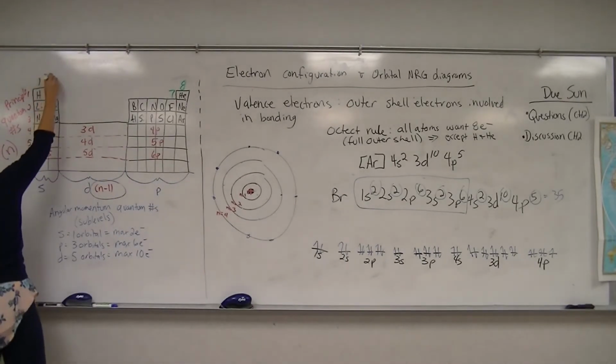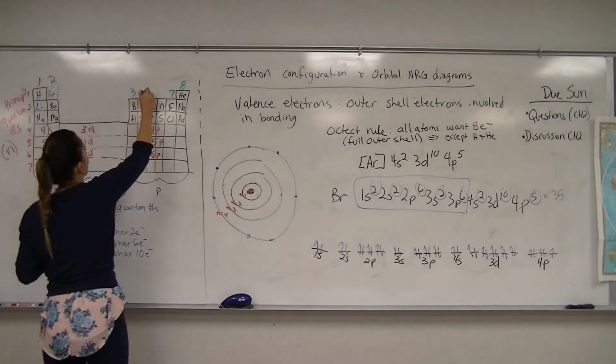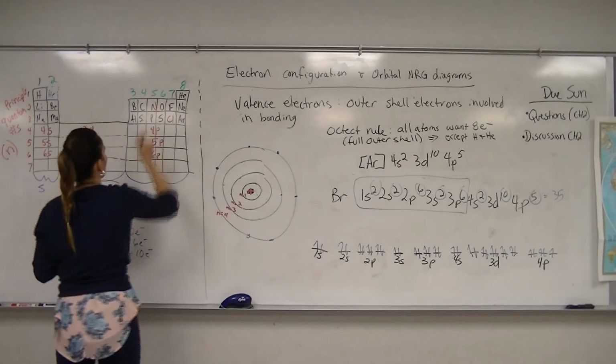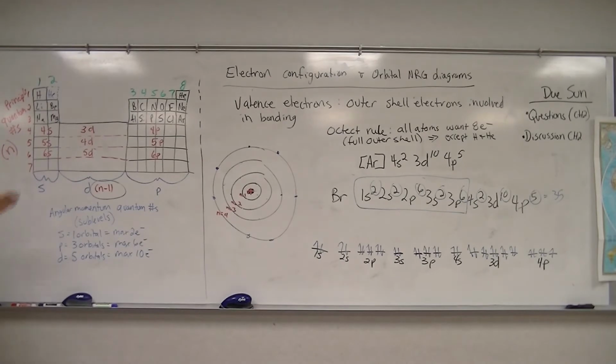So I'm putting up here in green how many valence electrons each of these groups have. So the alkali metals, they all have 1 valence electron. Hydrogen, lithium, sodium. I know hydrogen's not a metal, but it still has one valence electron. That's why it's there. Group 2 here, the alkaline earth metals. Beryllium, magnesium on down have 2 valence electrons.